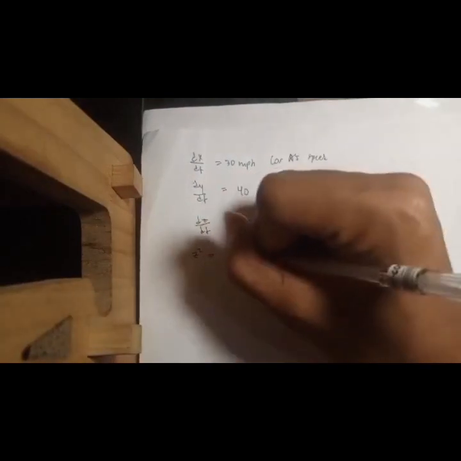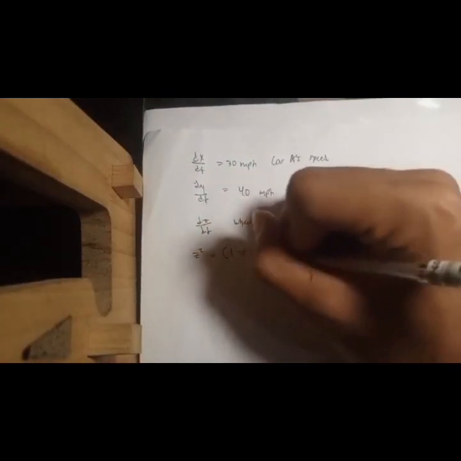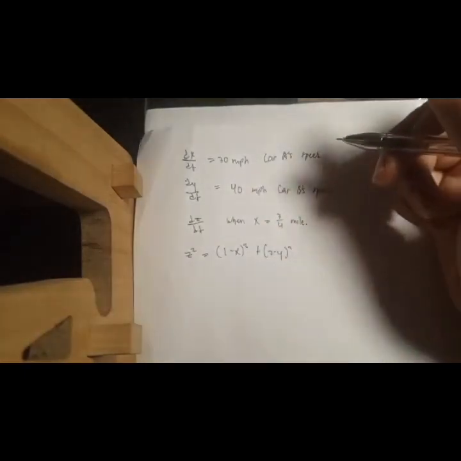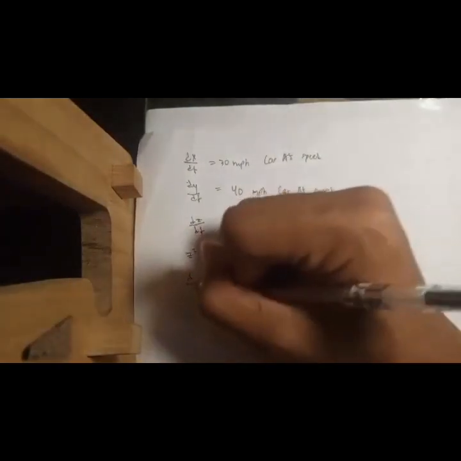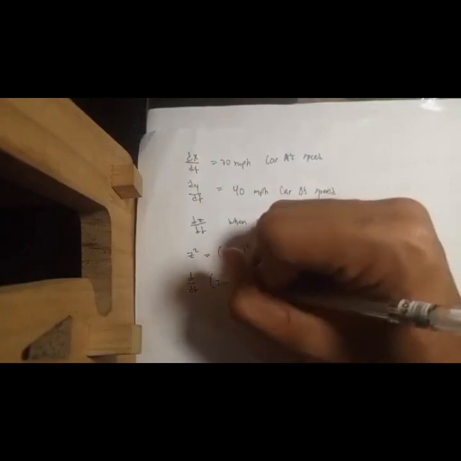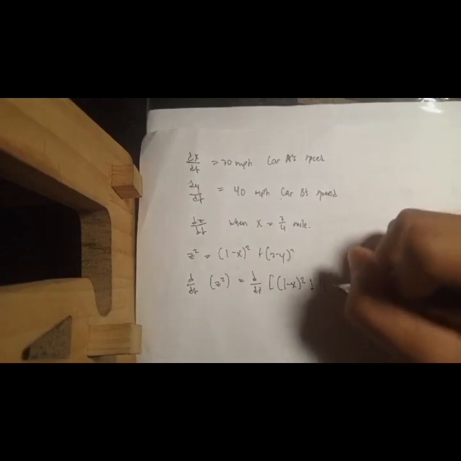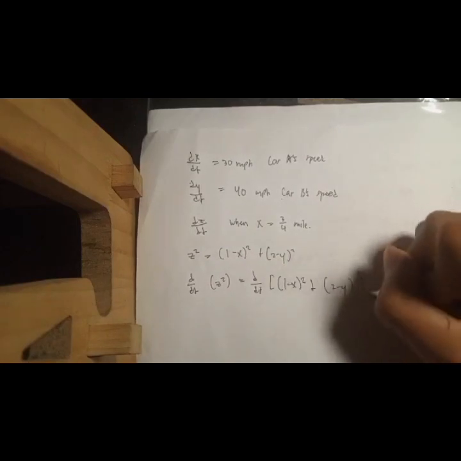So we'll have z squared equals (1 minus x) squared plus (2 minus y) squared, and differentiate both sides of the equation with respect to time. So d over dt of z squared equals d over dt of (1 minus x) squared plus (2 minus y) squared.